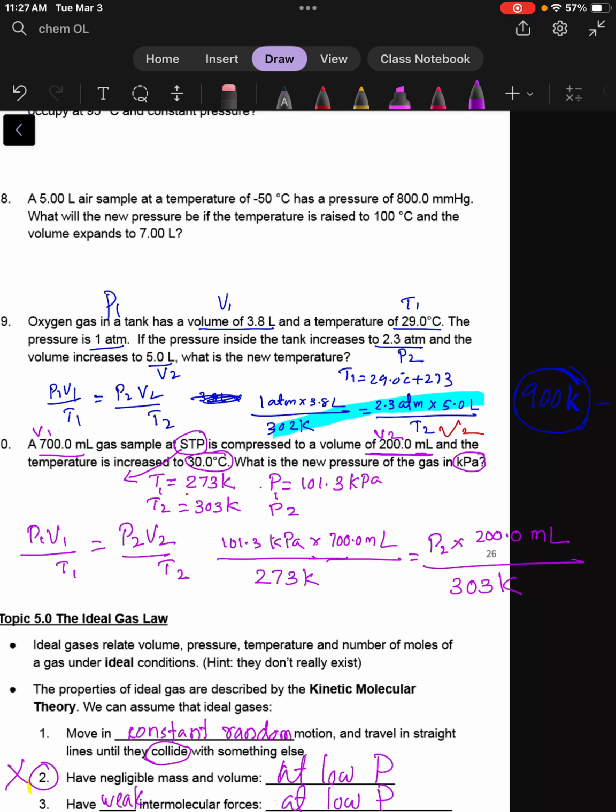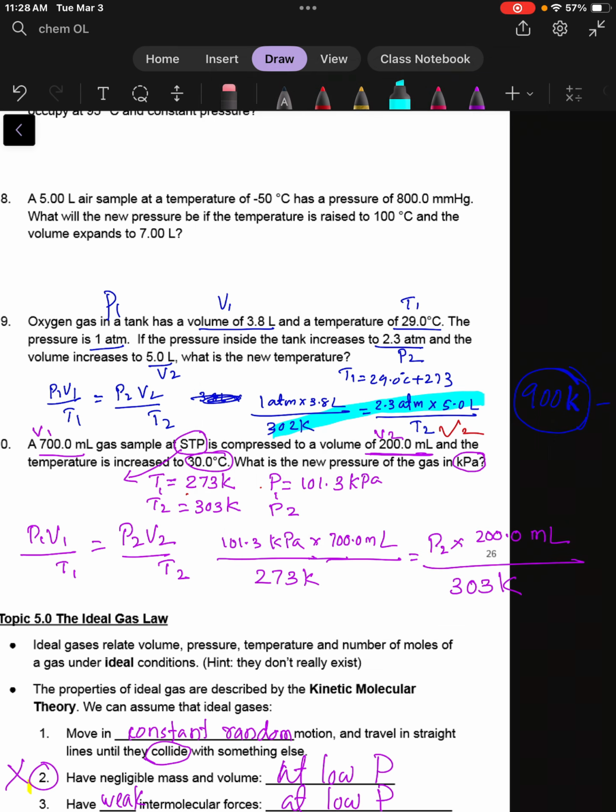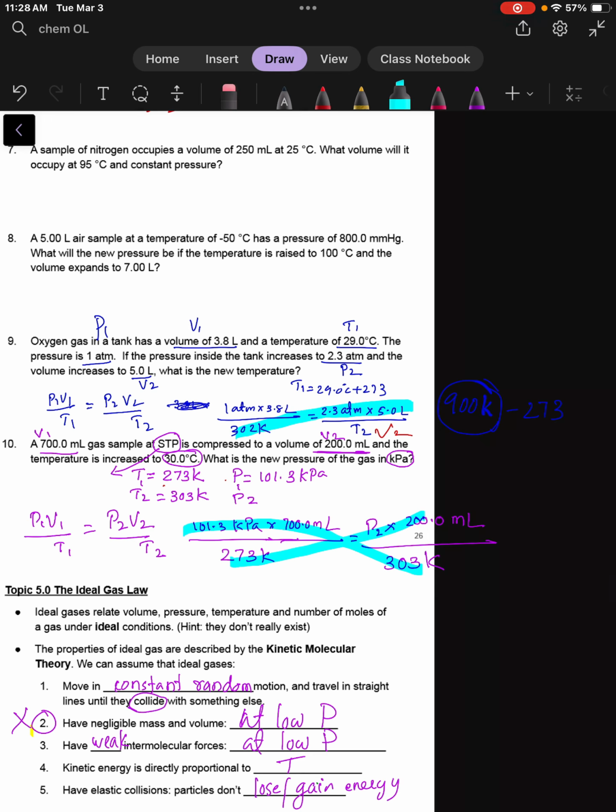Now do the calculation. You have to multiply all of this, then divide by these numbers, and whatever answer you get is your final answer. That's how we have to do it.